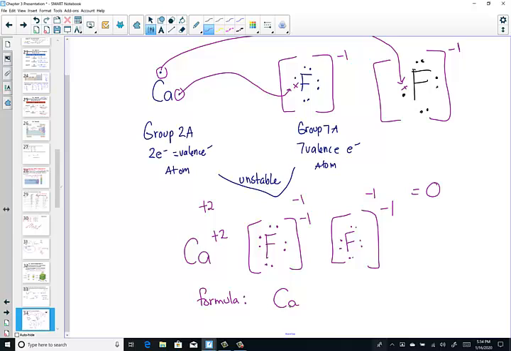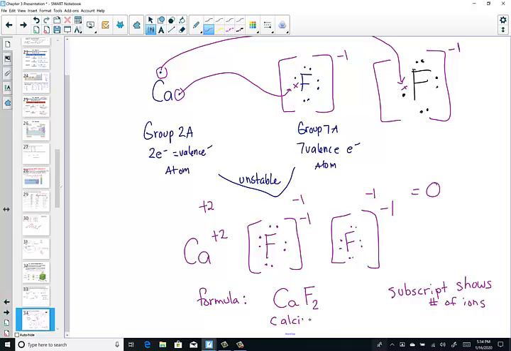The calcium, we had 1 of those. It took 2 fluorides, and that's where the subscript comes in. The subscript tells us how many ions were used. Calcium was a +2. It took 2 units of a -1 to create an electrically neutral compound.